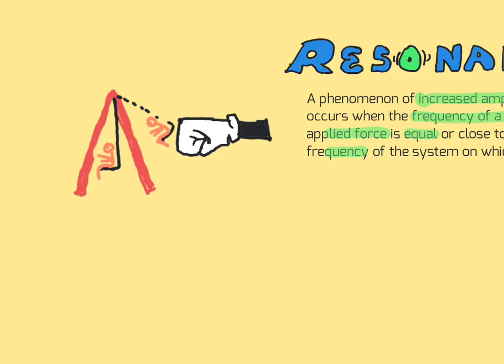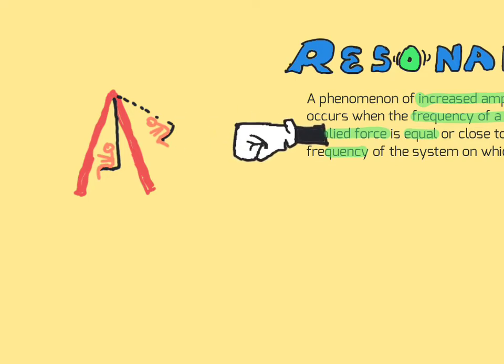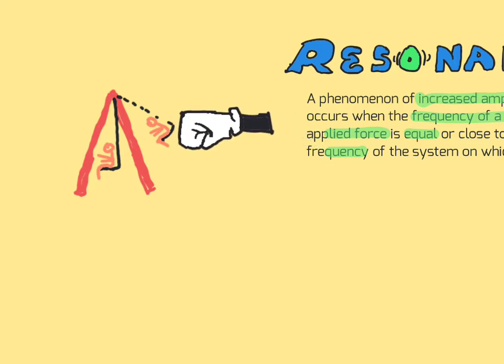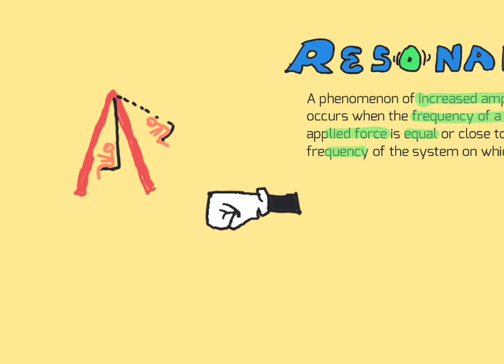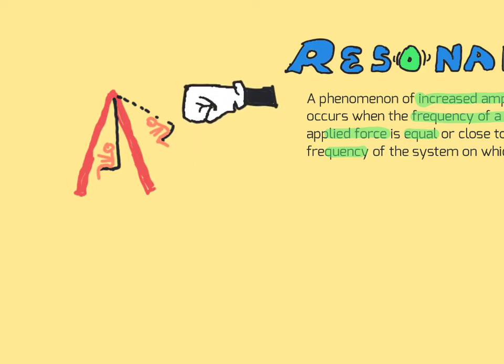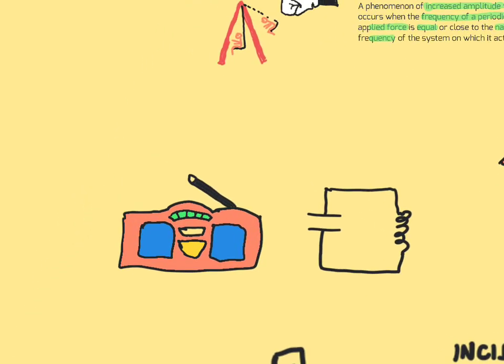And if you can match that frequency with an applied force of the same frequency, then you will increase the amplitude of that swing. In other words, the person on the swing will go higher and higher. Okay, so that is what resonance is.